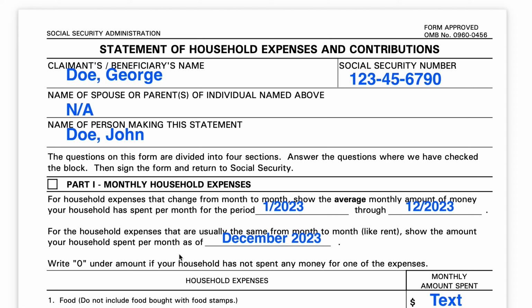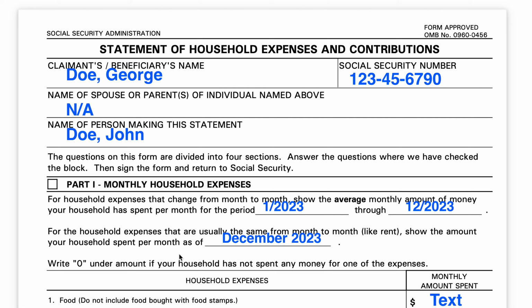So this isn't a form that tells you whether or not you're going to get that treatment. This simply may be part of the supporting documentation that you may be asked to provide so that the Social Security Administration can have proper documentation in place to indicate that, yes, you are paying your fair share, no, you're not, or maybe you're in a situation where that 1/3 reduction provision doesn't exactly matter.